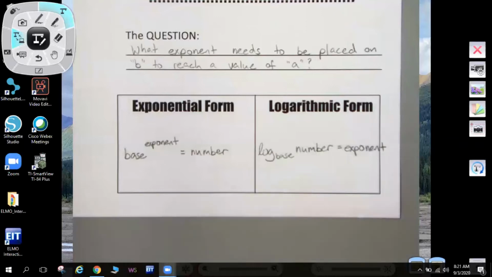This is going to come back into play when we're trying to change between the 2 forms.